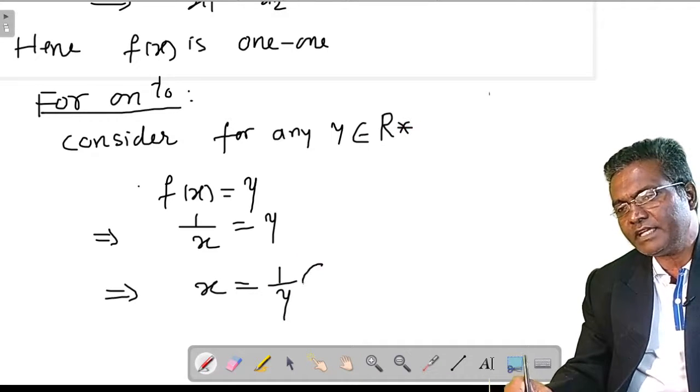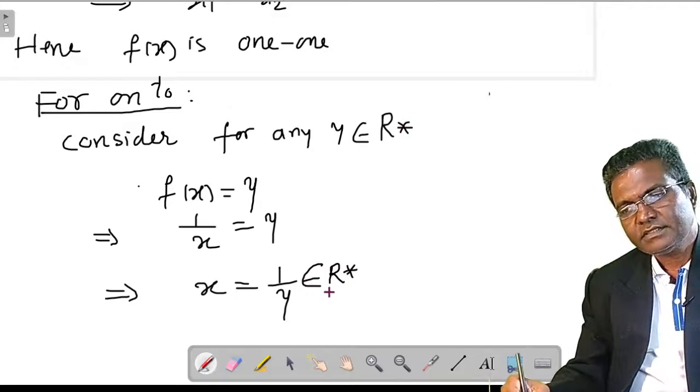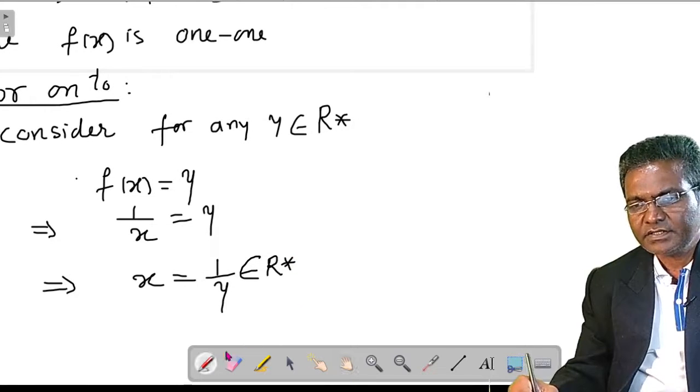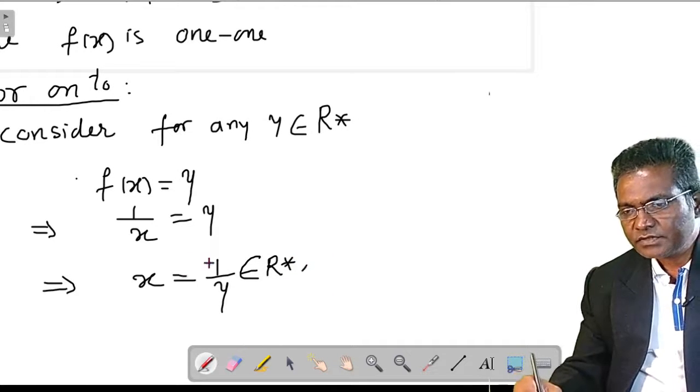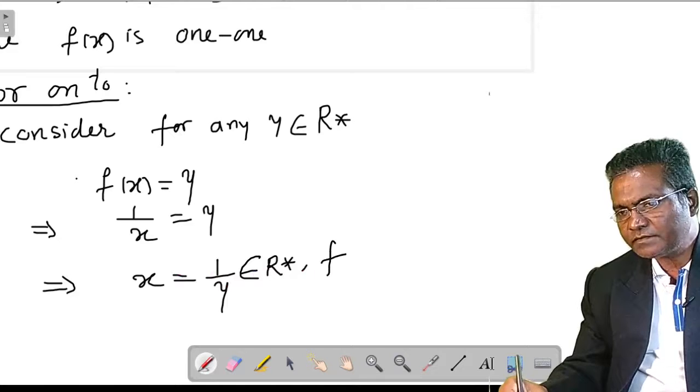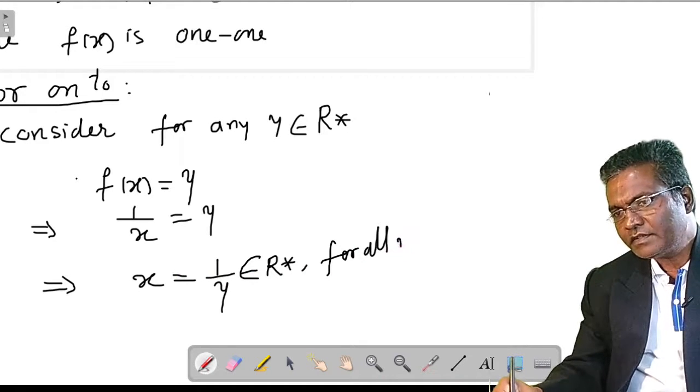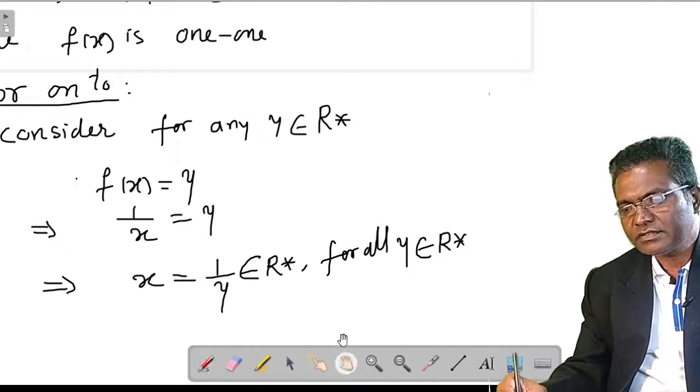So definitely for any y, this is again an element in the codomain. So this belongs to R star for any y belongs to R star.